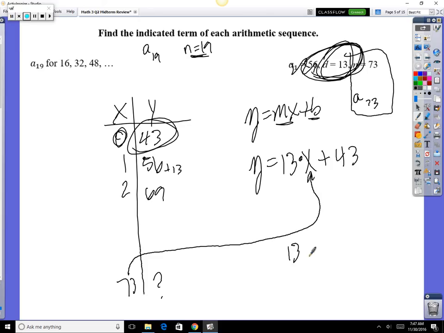So on your calculator, you need to do 13 times 73 plus 43. Do the math. So the y is 992. So if you end on the 73rd number in the pattern, the 73rd number in that pattern should be 992 if you go up by 13s every time.